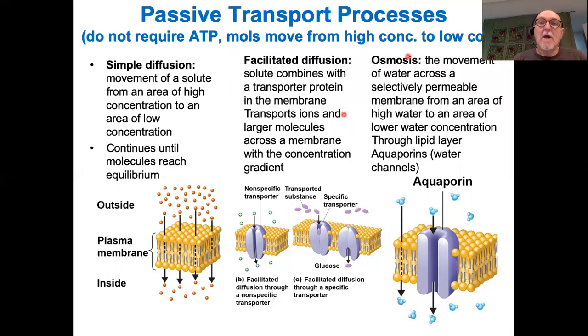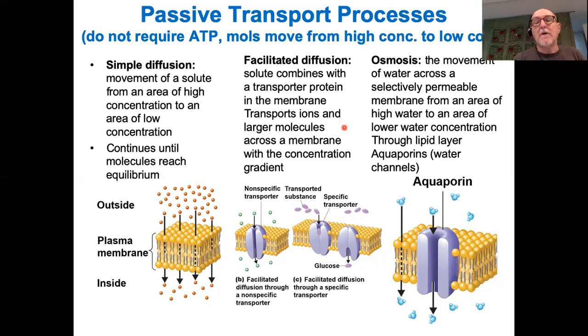Okay, so remember that we're looking at that cell membrane. What we saw was that the cell membrane, the plasma membrane, consists of a phospholipid bilayer, and embedded in it the proteins. And those proteins are what confer the living nature to that fluid mosaic that composes the plasma membrane.